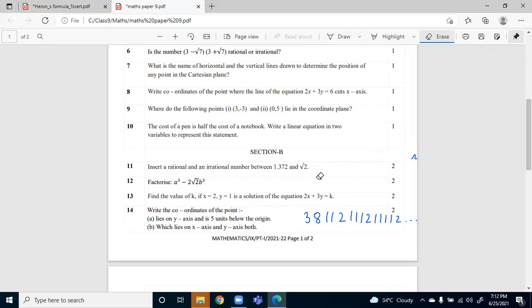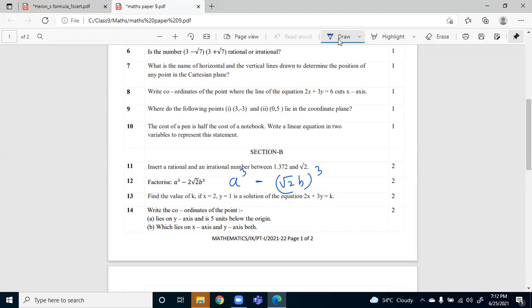Question number 12 is factorize. I told you in our yesterday's class that x cube minus y cube will come. This gets converted into x cube minus y cube.